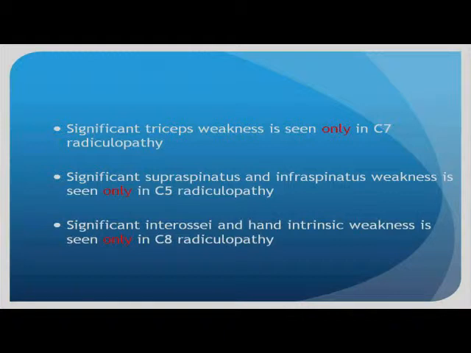The supraspinatus and infraspinatus weakness is only seen in a C5 radiculopathy, and the weakness in the hand, intrinsics and interossei, are only going to be seen in a C8 radiculopathy. So those kind of things can help you narrow down what areas you might be wanting to investigate.